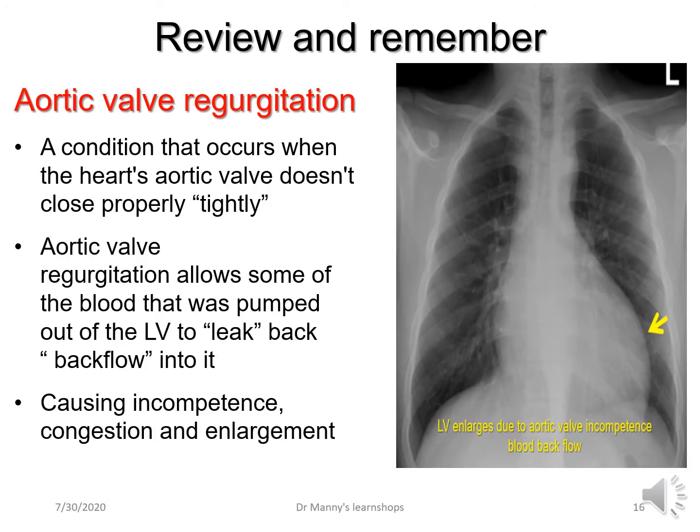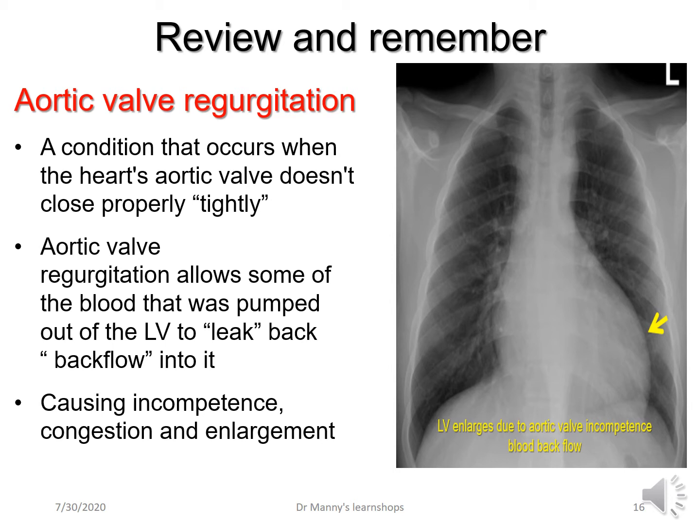The aortic valve is another important valve that allows blood to be pushed forward out of the heart. Just like the mitral valve, it can become stenosed and it can promote regurgitation or incompetence. Aortic valve regurgitation is a condition that occurs when the heart's aortic valve doesn't close properly, not tightly.